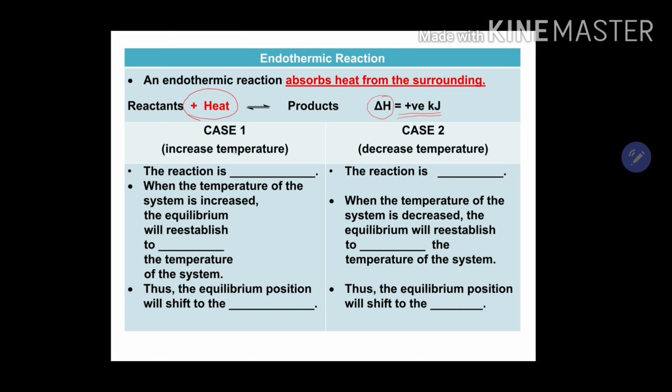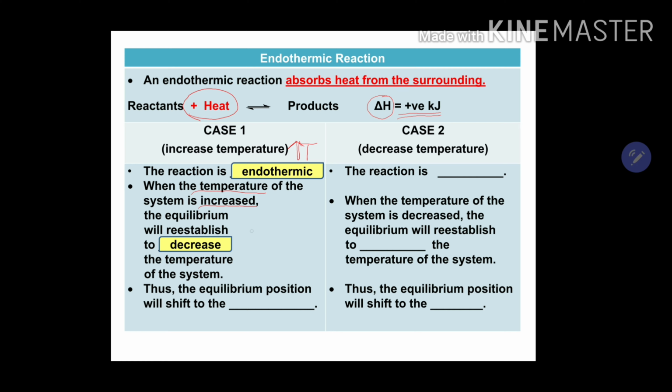Now we look at the first case. The first disturbance is we increase the temperature. The first step is to identify the type of reaction. So the reaction is endothermic reaction. When the temperature is increased, the system will react to decrease back the temperature.